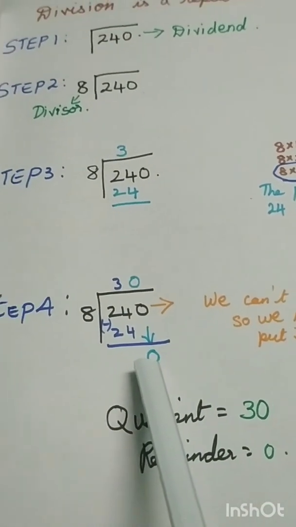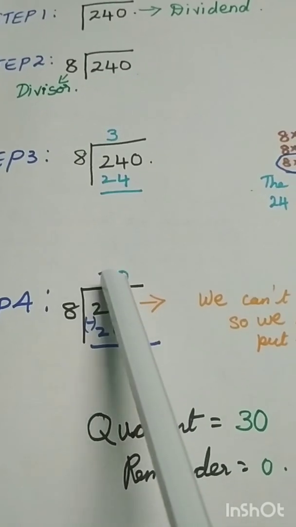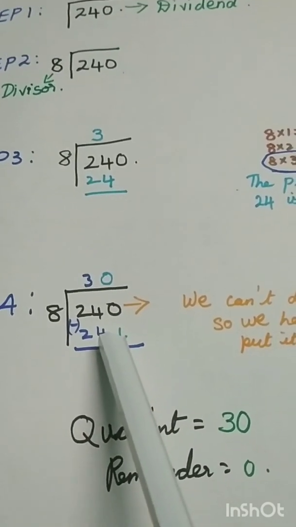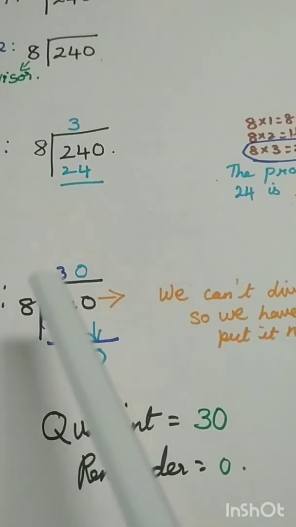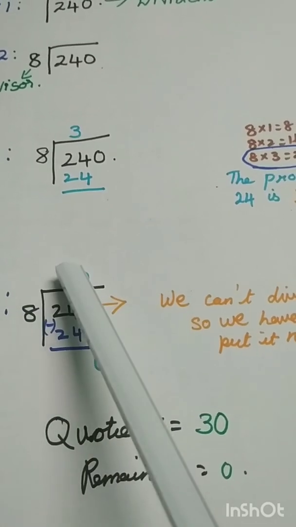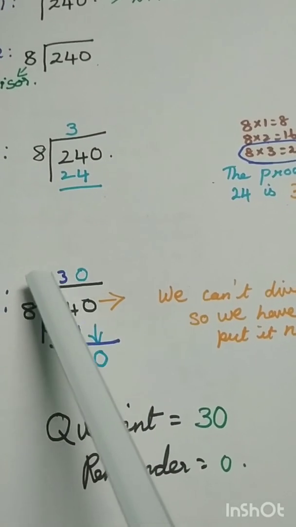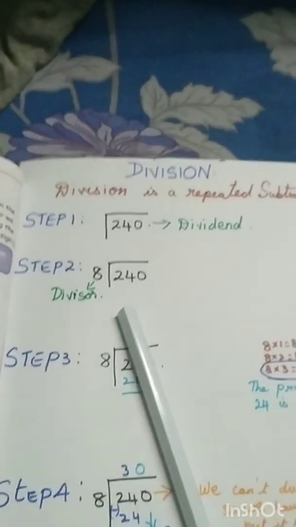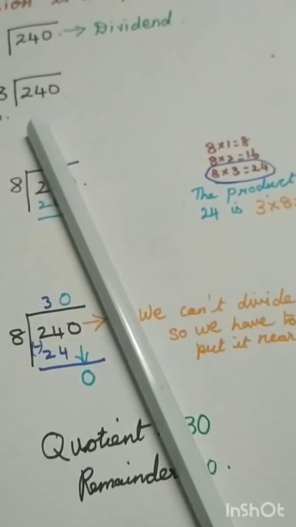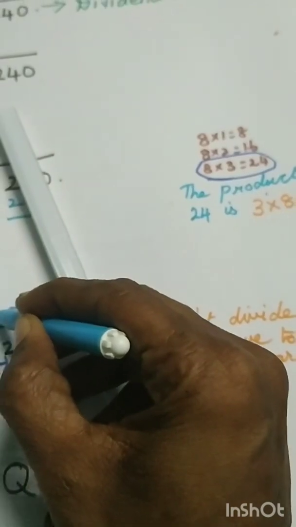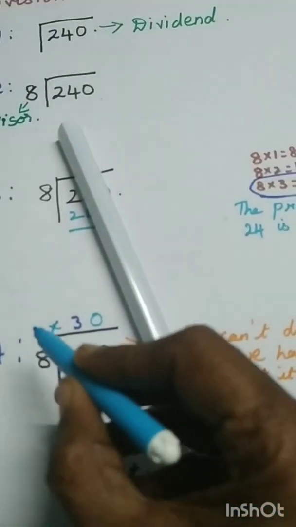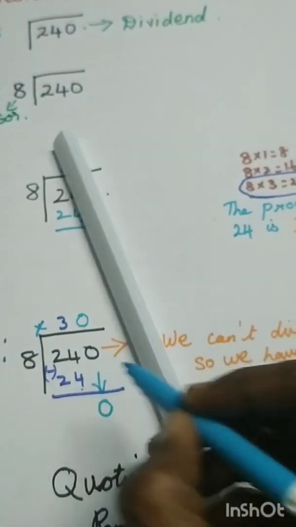The fourth step will be you have to multiply with the divisor. 8 multiplied by 3. 8 3s are 24. This is division only, but I am putting the multiplication sign here. 8 3s are 24.